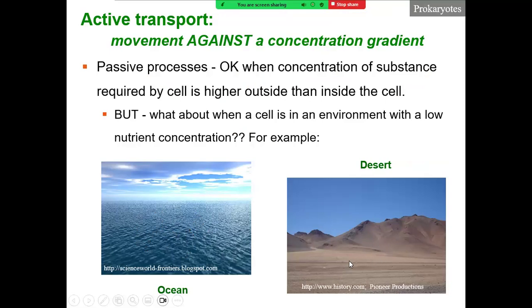Or a cell in the desert. It's much more likely to find the molecules it wants inside the cell than outside. So what does the cell do? It can't use a passive process, but it could use an active process, moving the molecule against its concentration gradient by using a transport protein.